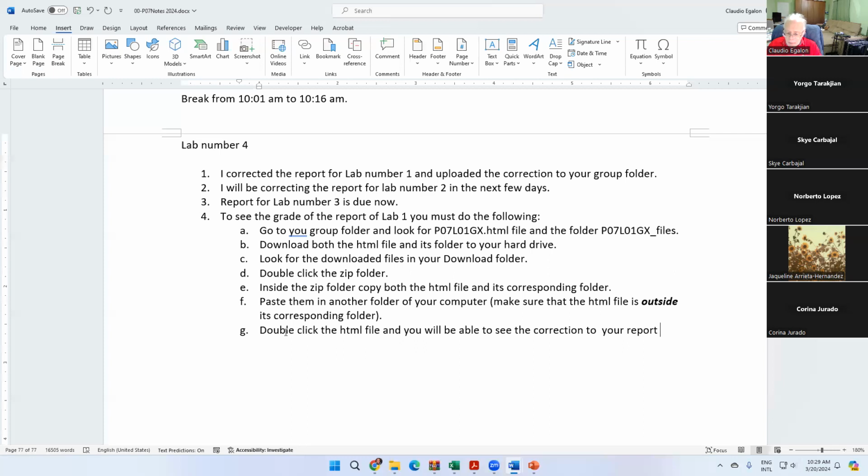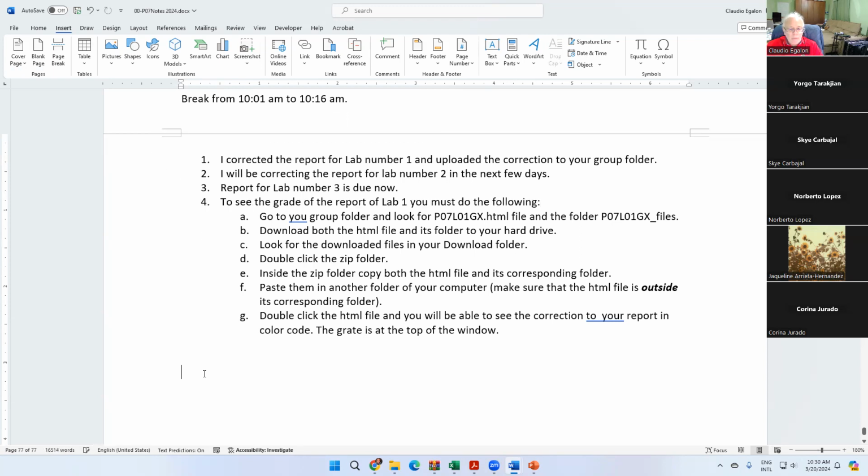The correction to a report in color code. The grade is at the top of the window. Okay, so those are the steps that you have to take to see what you missed and what your grade was.